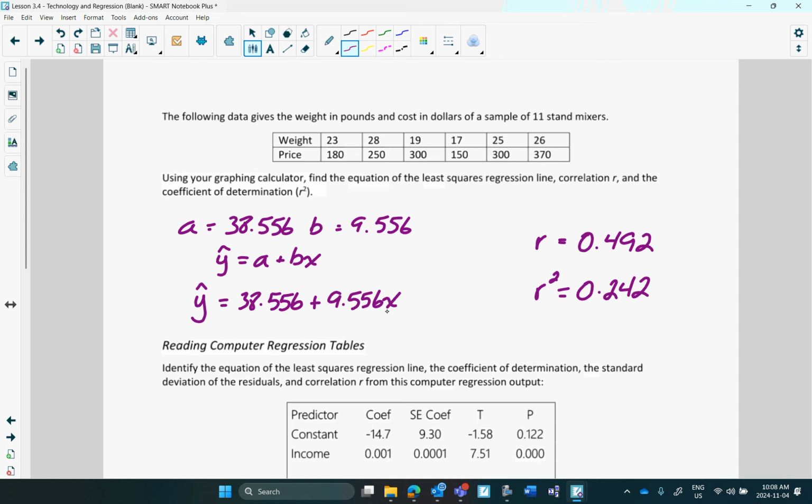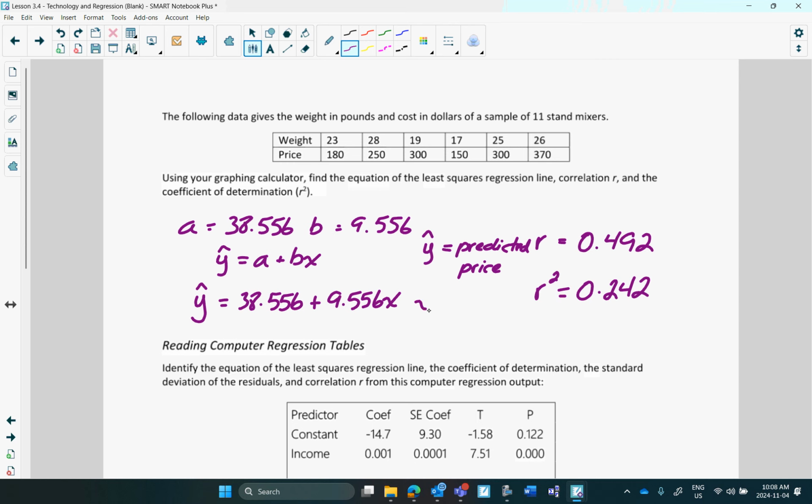But remember, we're always answering in context. So you need to, using words, define your variables. So y hat is going to be the predicted price. Remember, whenever it's y hat, when describing it, you've got to use the word predicted. Predicted price.